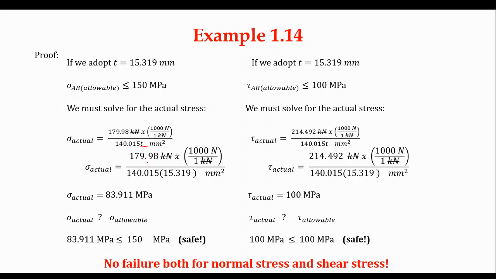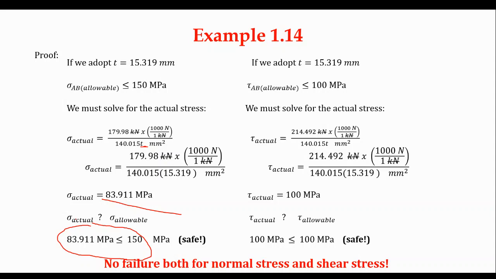So, 179.98 times 1,000 divided by area, 140.015 times T. So, ang nigawas na actual stress is 83.911 megapascal. As you can see guys, 83.911 megapascal na actual stress is way lower than the allowable stress, which is 150 megapascal. That is only for normal.